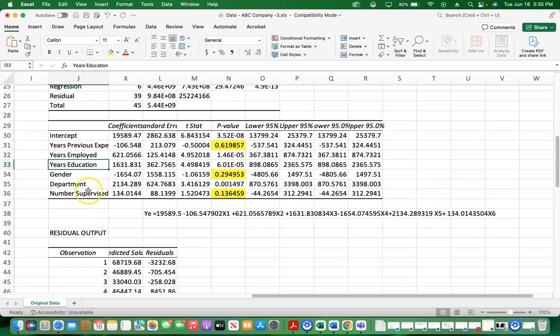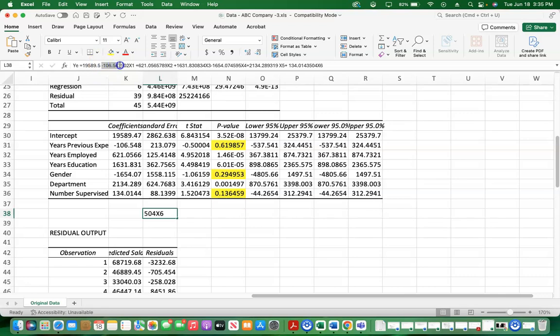So in this case, number supervised, gender, and years of previous experience can be eliminated, removed from our equation. So I'll remove them. That one is gone. Now the minus on this one.